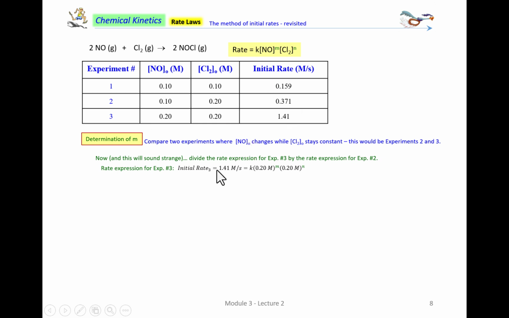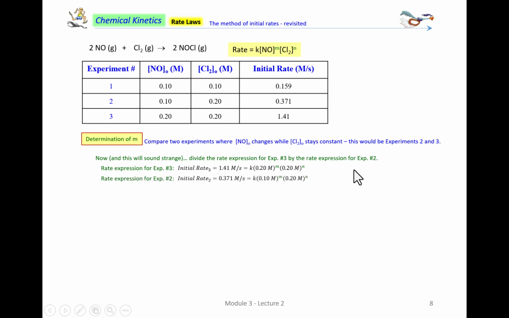So in other words, we have a rate determined in experiment 3 of 1.41 molar per second equal to a rate constant times the concentration of NO, which is 0.2 in experiment 3 raised to some power m, times the concentration of chlorine in experiment 3 raised to some power n.